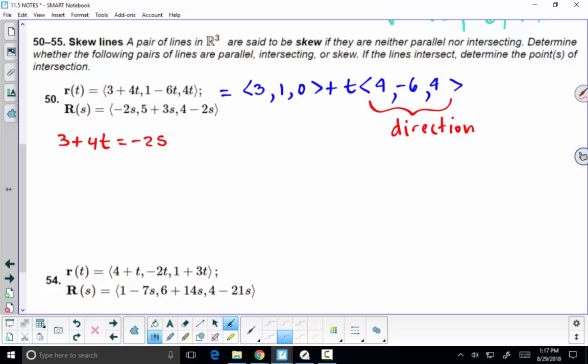We set the y components equal to each other. We set the z components equal to each other. And what we have here is a system pretty easy to solve because we have more information than we need. Right? We have 3 equations with 2 unknowns. That's really easy to solve. All you need are 2 equations if you have 2 unknowns. So multiple ways to solve this.